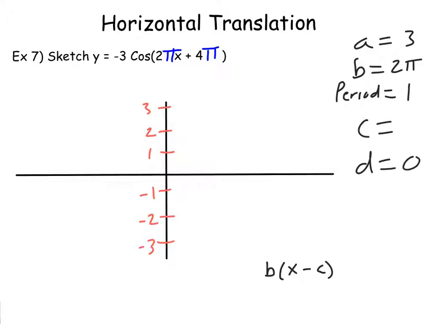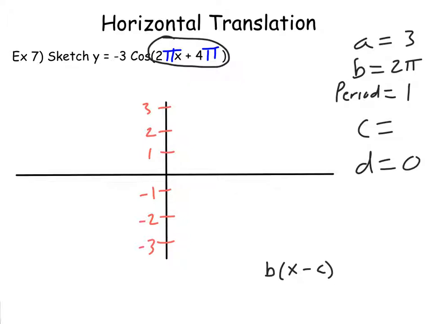And if you look at that, as it's written in the equation, it's really tempting to say that C is 4 pi. And it's not. Okay? It's not 4 pi. Because that expression in here needs to be factored if you want to directly observe C. Okay?